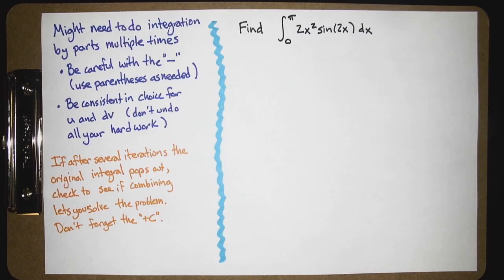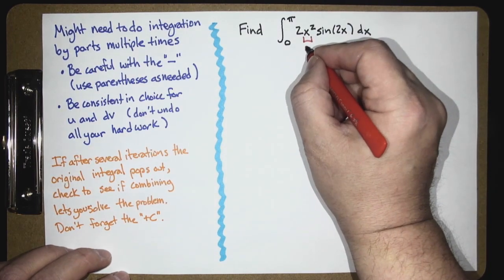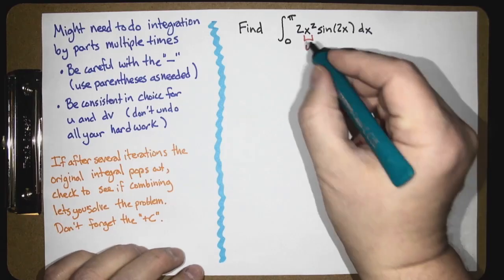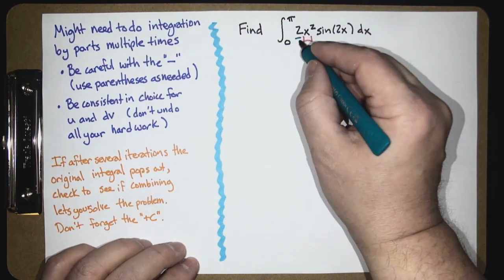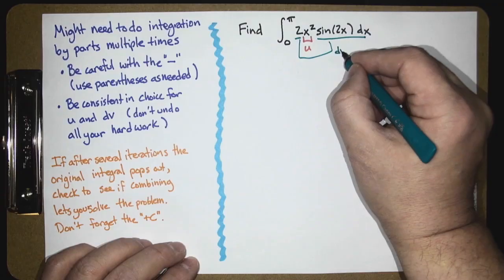X squared, because when you take the derivative of x squared, things get simpler. Good choice. What are we going to take the integral of then? The answer is everything else. Once you've identified u, everything else is dv. So including the 2, the 2 sine 2x dx, that's our dv.